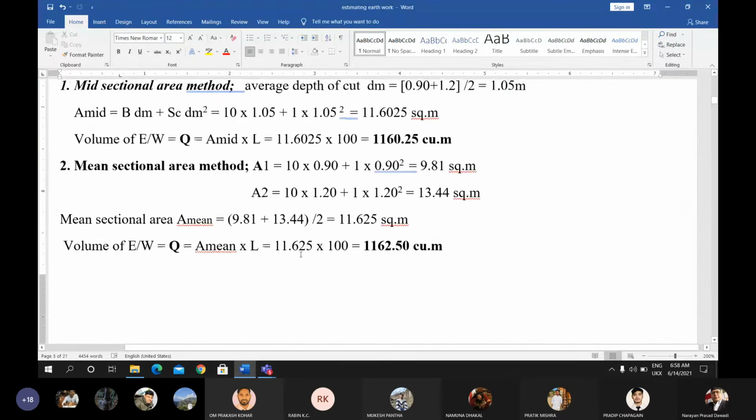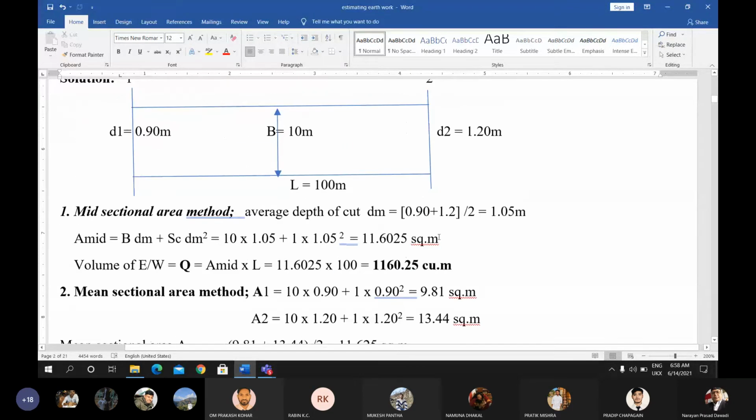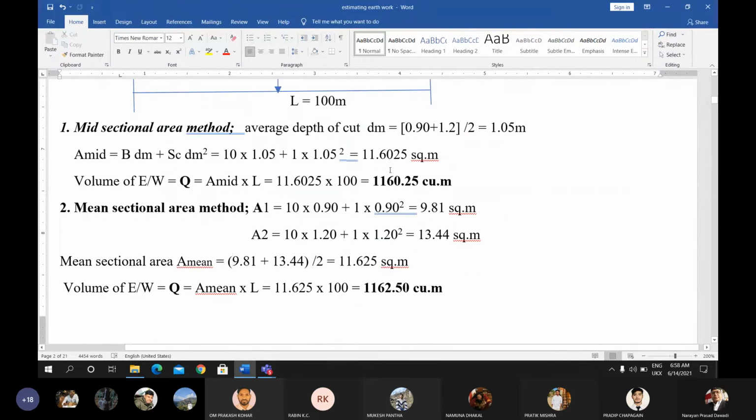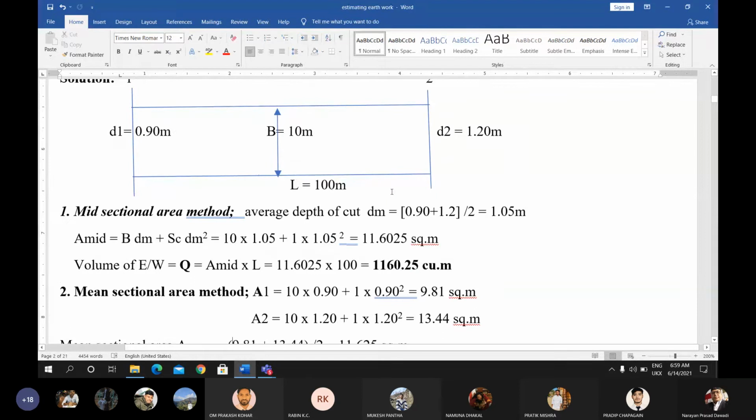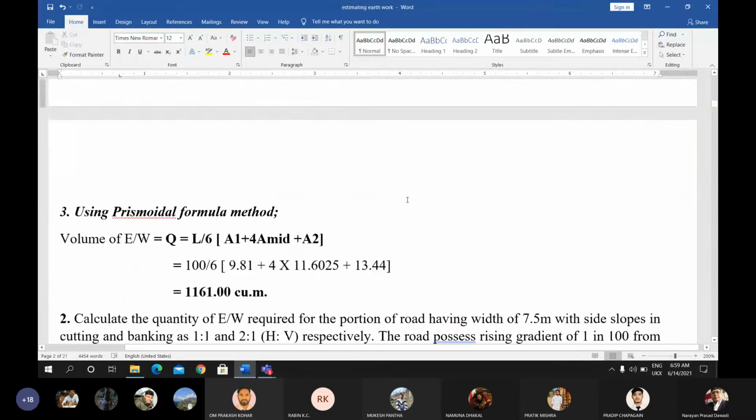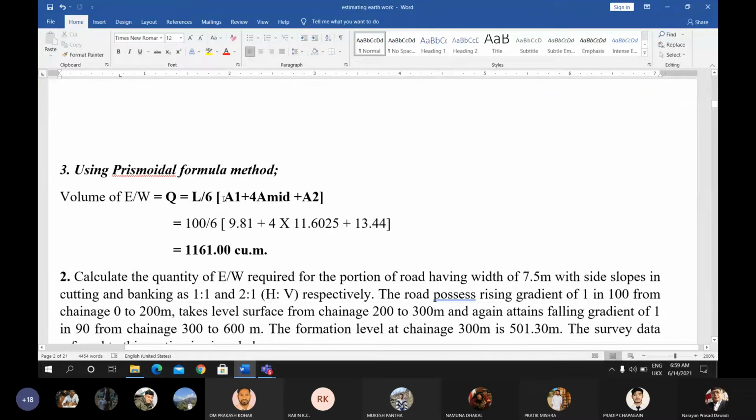A1 is calculated as 9.81, A2 as 13.44, and area mid as 11.6025 in the previous methods, and L as 100 meter. Putting the values, you will get the volume of earth as 1161.00 cubic meter.